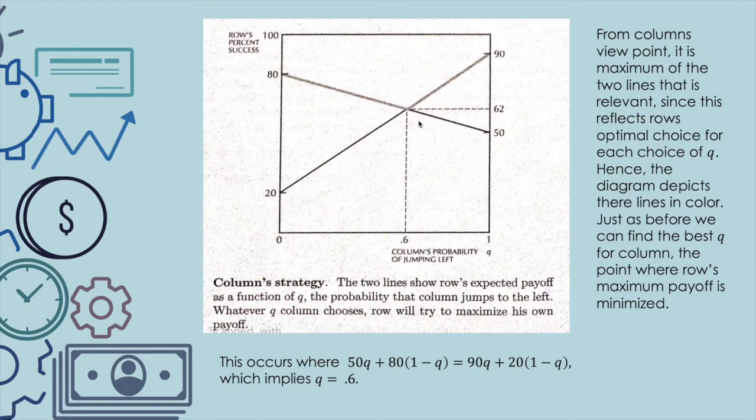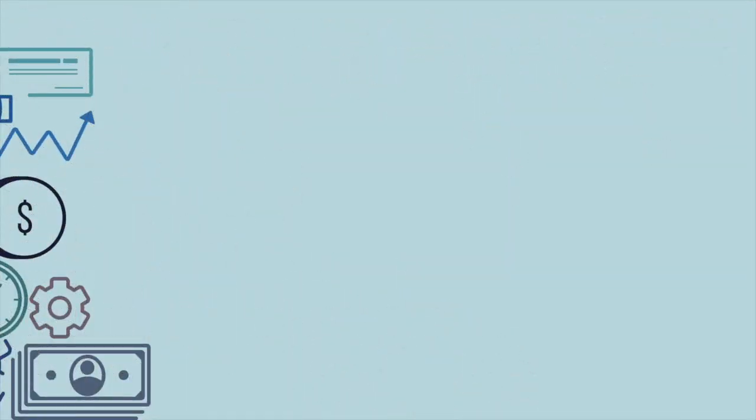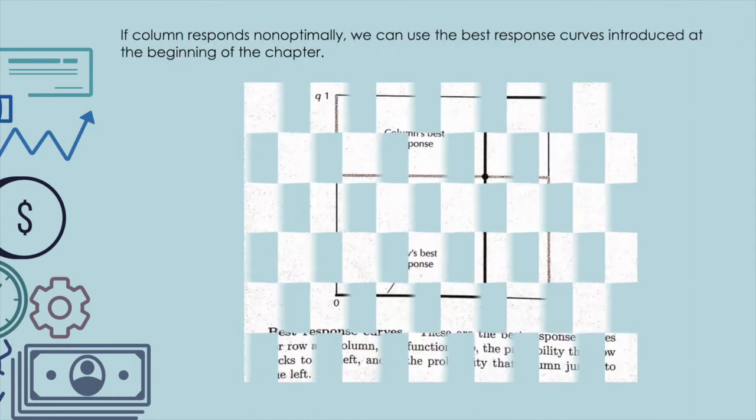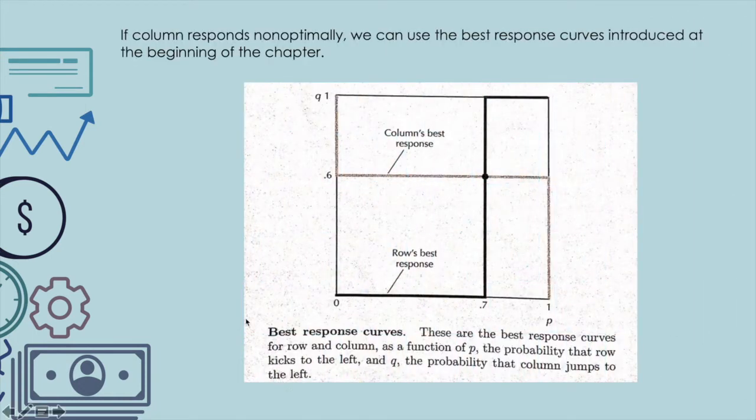And then if column responds non-optimally, we can use the best response curve. We have already seen that when p is less than 0.7, column will want to jump left, right?